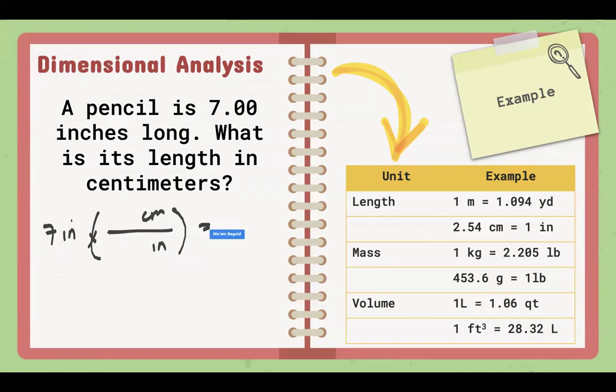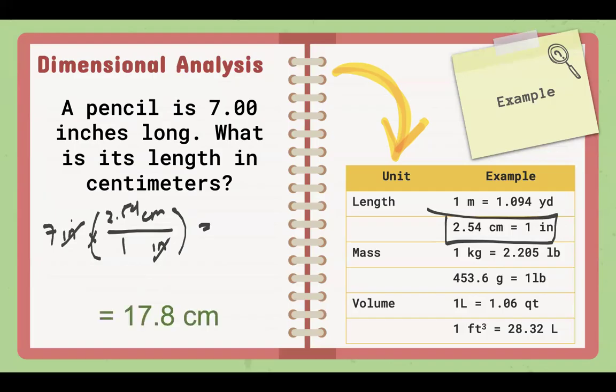So you can just write this one. So you have 2.54 here and then 1 inch here, cancel out inch. Your answer should be, multiplying 2.54 by 7, that's 17.8 centimeters. As easy as that, if the dimensional analysis is directly given to us, right?